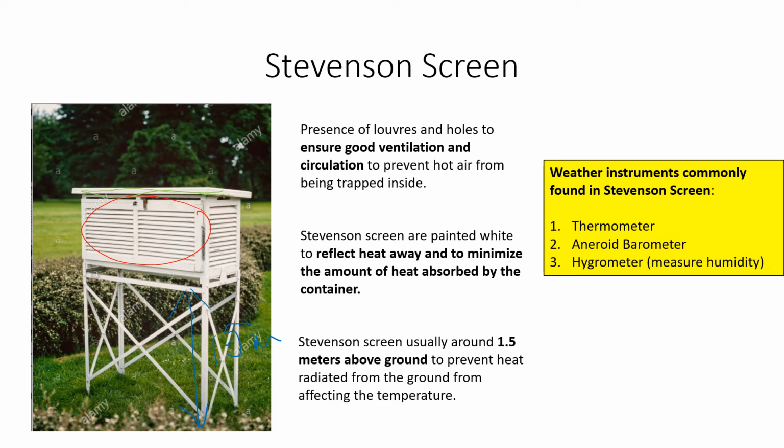I think you should be able to understand why weather data such as wind and rainfall should not be placed inside the Stevenson screen, as it will result in the inability to collect any of this relevant data.